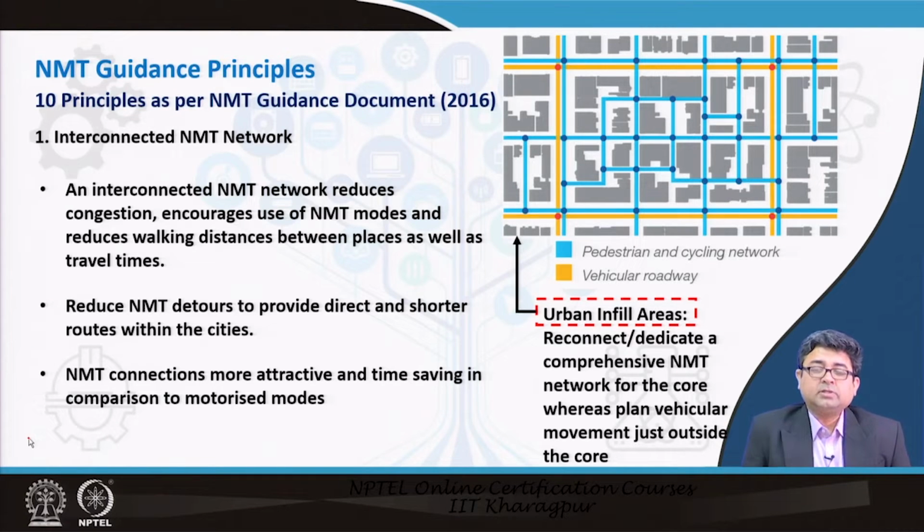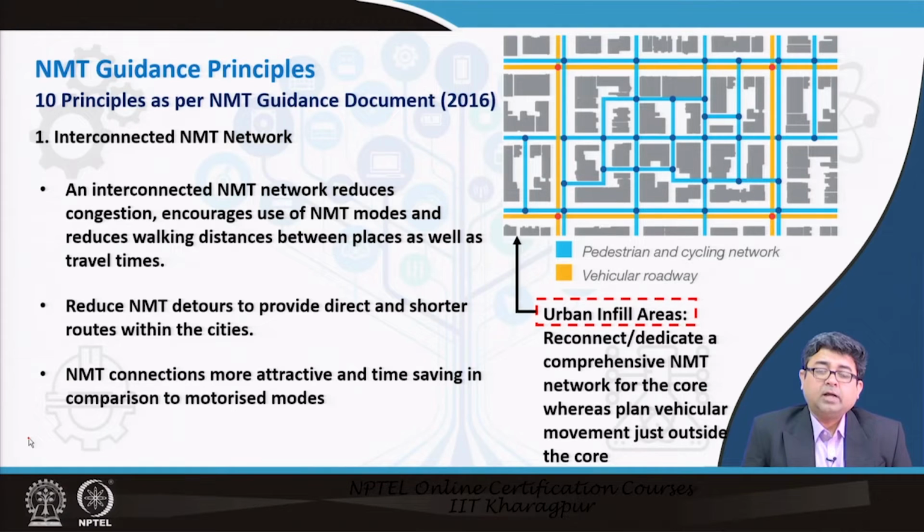This is logical, because when we are traveling using vehicular modes, we always have a continuous good pavement, right? But whenever there are lots of potholes in the pavement, or some kind of a kacha road coming in between and the road is not paved, then you feel uncomfortable, even while driving. You feel that, well, I should not take this route again, I should take some other route. The same is the case for NMT infrastructure as well.